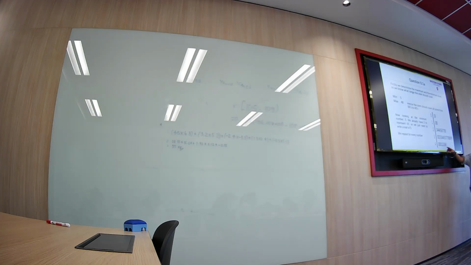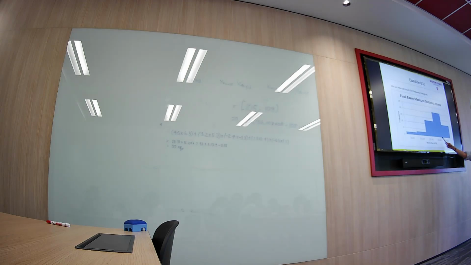Unordered is okay because this is given. Based on the statement B, you can draw the histogram. You count the frequency for each class, and then you draw it like this. If your histogram looks like this, it's correct. Based on this, we can also see most students get a score from 20 to around 50.